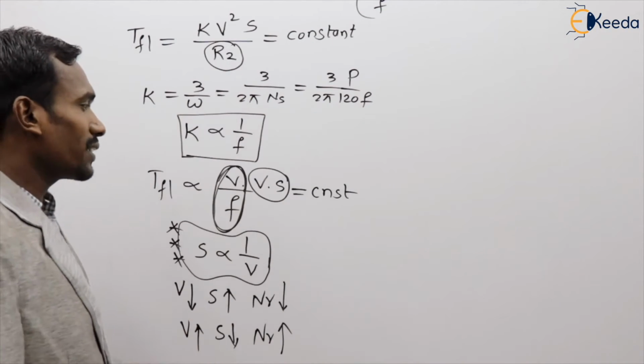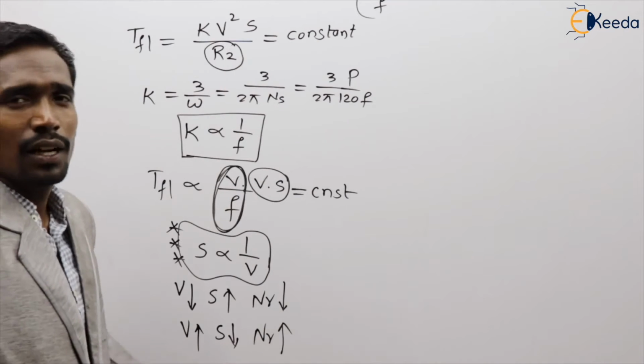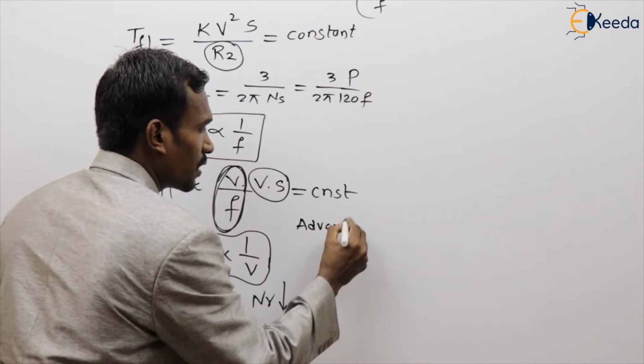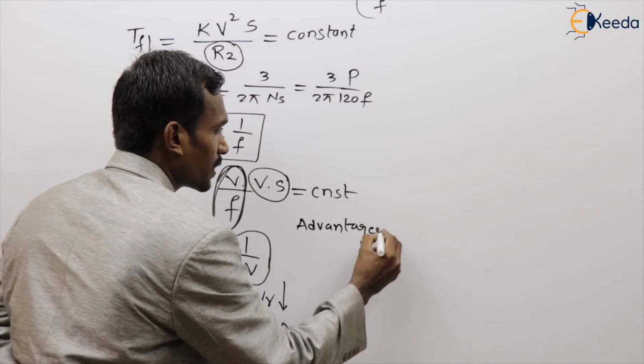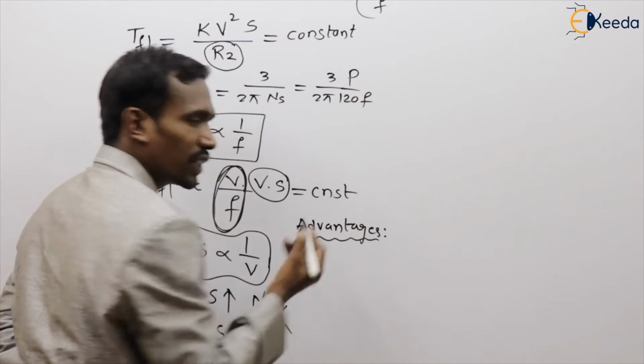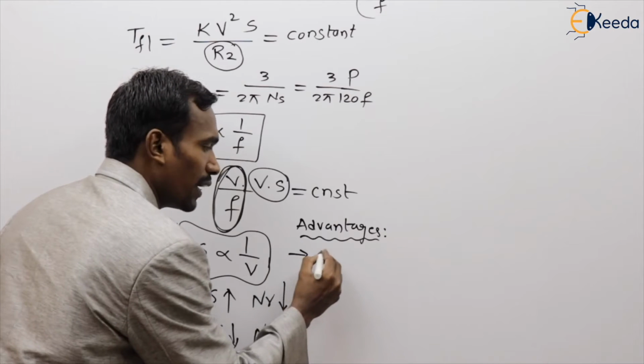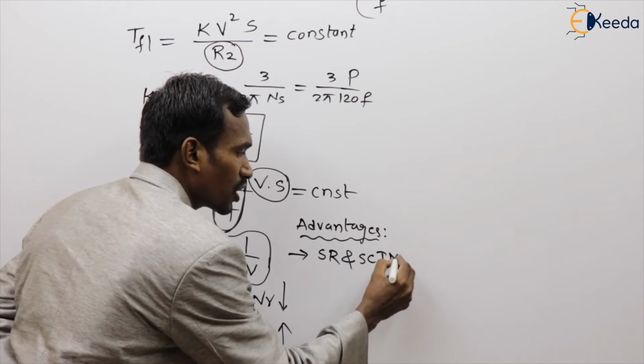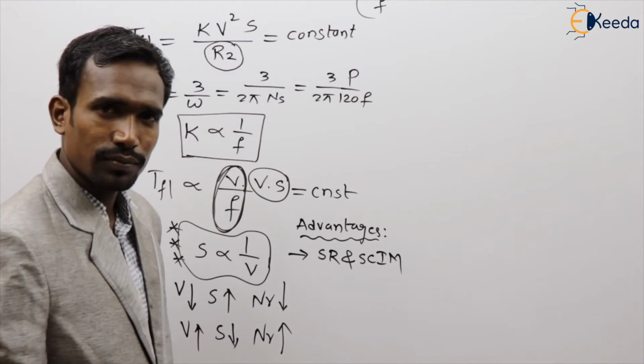What are the advantages of this method? This is applicable for slip ring and squirrel cage induction machines, applicable for both.